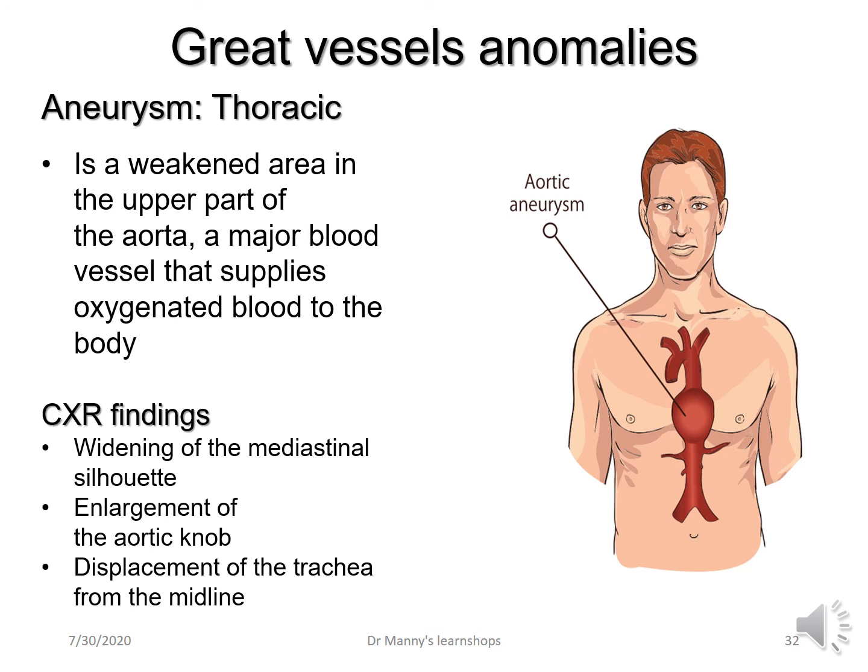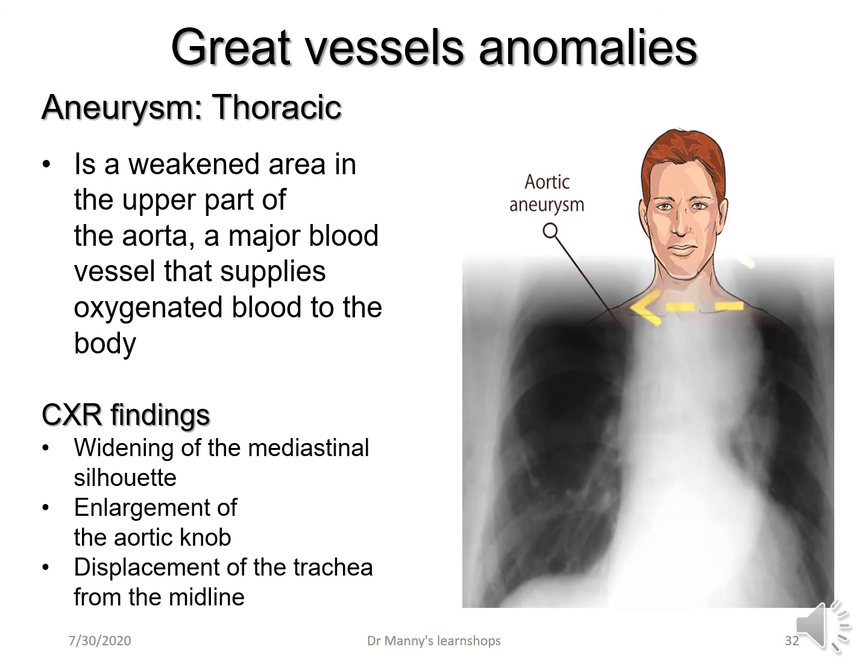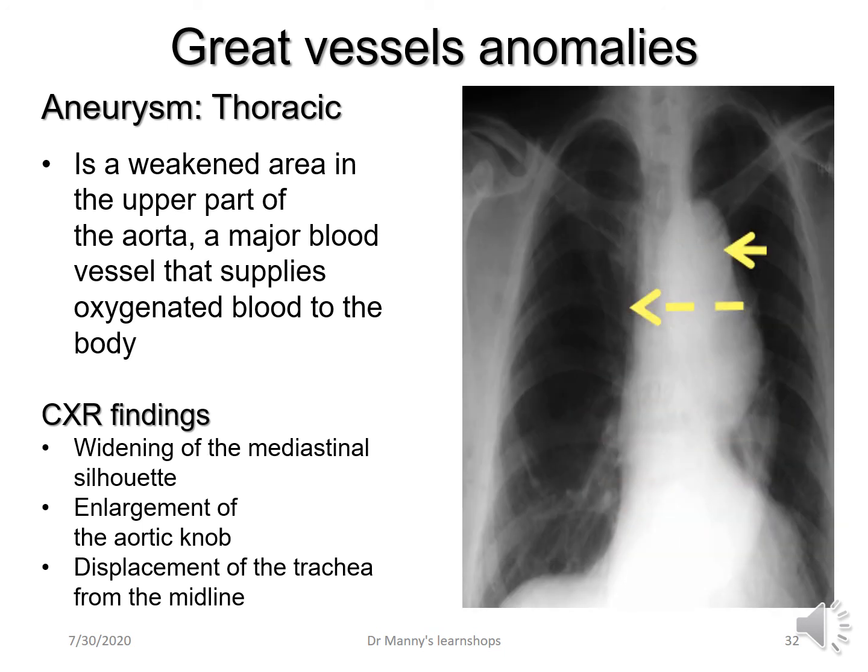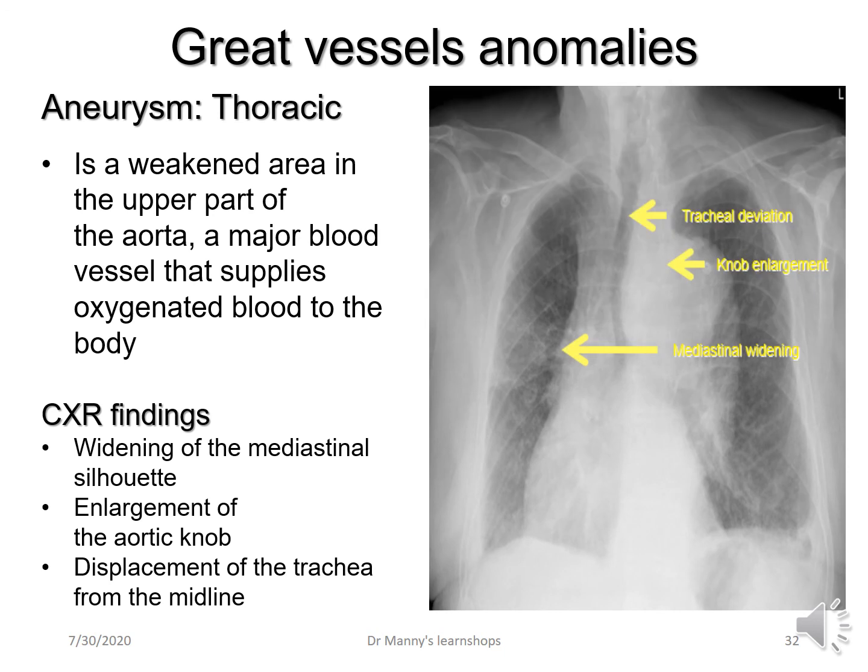The chest X-ray findings are typically widening of the mediastinal silhouette, an enlarged aortic knob, possibly displacement of the trachea from the midline, which could result in mediastinal shift as well.